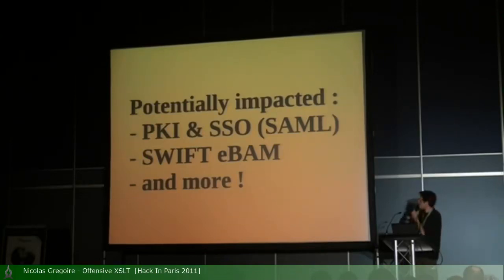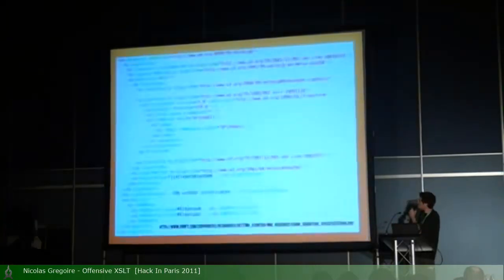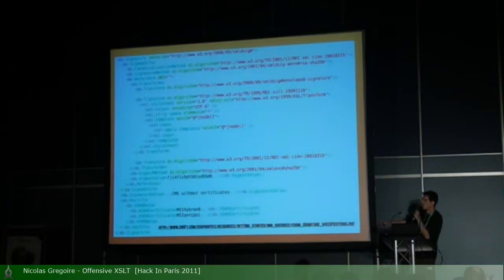We have Swift IBAM. IBAM is a protocol used by Swift to manipulate information between Swift partners. And when looking for some XML-DSIG XSLT transformation, the only one I found was from the swift.com website.